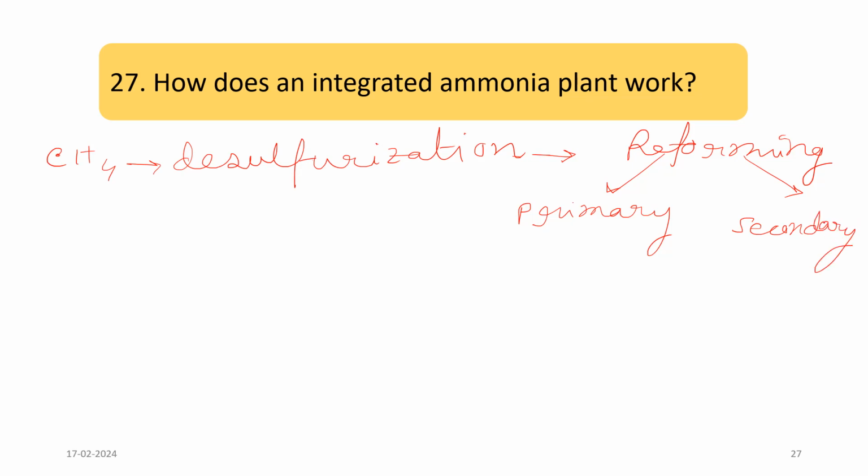In the primary reformer, there are two parts, that is the combustion zone and then the reformed zone.